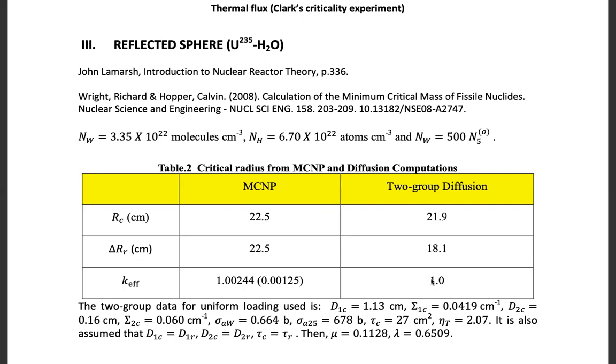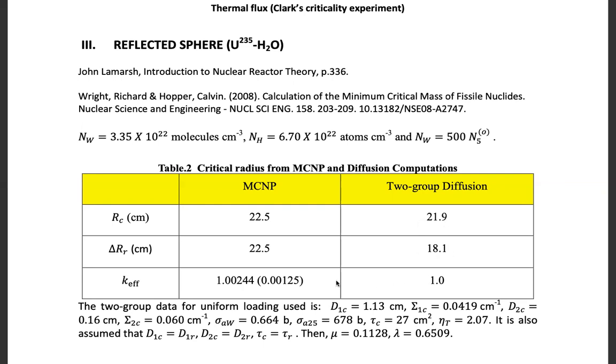The K effective for Lamarche is understood to be 1 because that is where the determinant of the 4 by 4 matrix goes to 0, because they use Cramer's rule, where for the homogeneous equations the only solution is when the determinant goes to 0. So in Lamarche, this is the result.